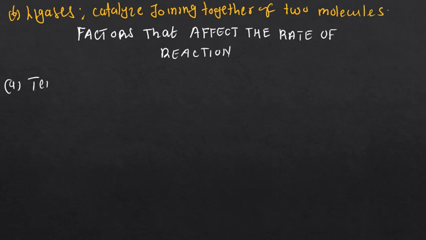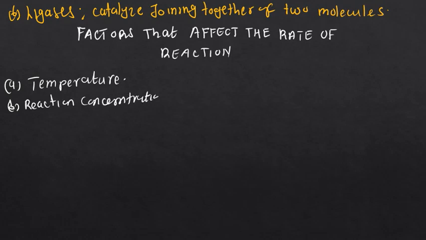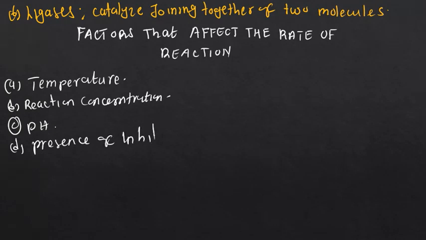Number 1, temperature. Number 2, reaction concentration. Then we have the pH and the presence of an inhibitor.